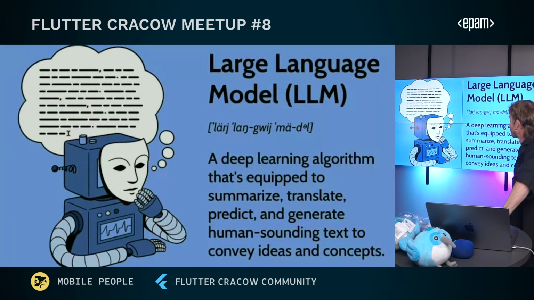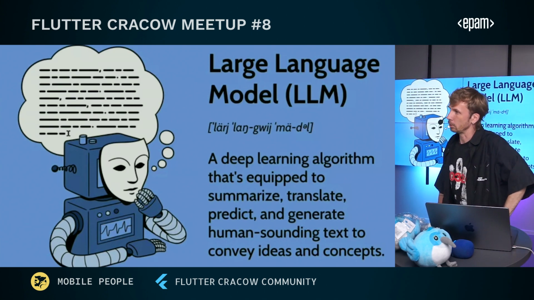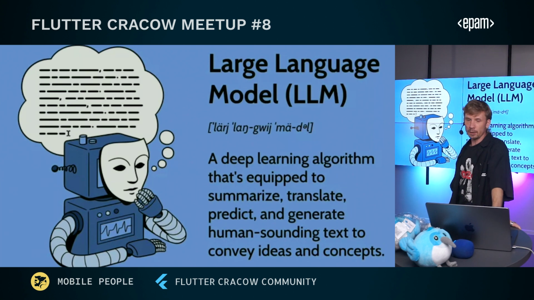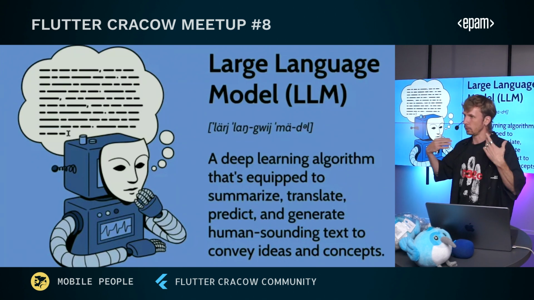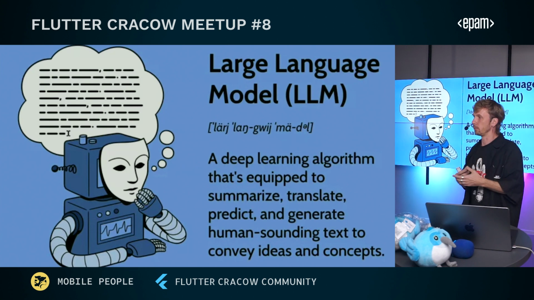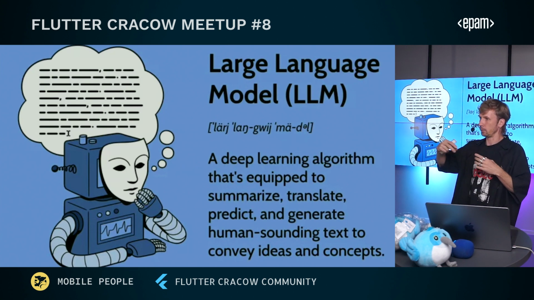So if you try to develop something with AI, you probably should know what large language models mean, because most generative AI works with a large language model. It's when AI is trained on a huge amount of text data and works this way. Because it's trained on tons of text generated by humans, it can analyze the probability of the next word in the sequence.